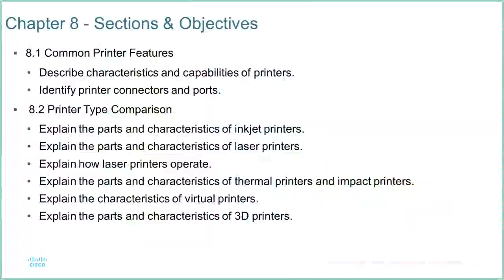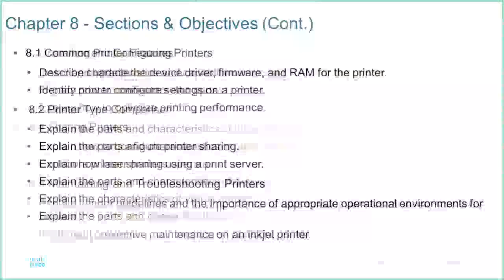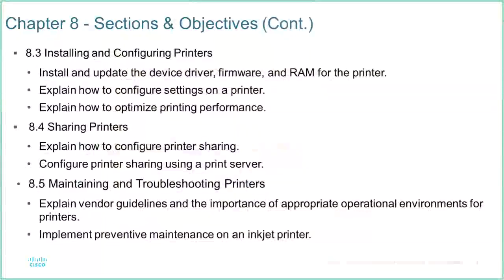all about printers, different types of printers, basically how they work, how to set them up and sharing them, and then just like every chapter we have the troubleshooting process.